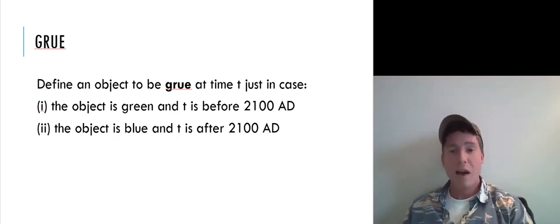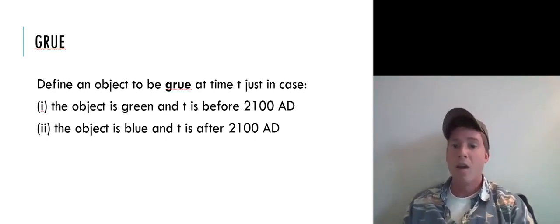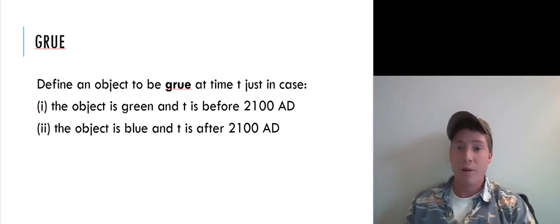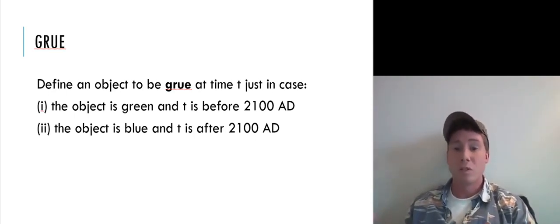All right, so how are we going to make the case that not every predicate, not every characterizing expression, can be projectable, can reasonably be employed in an argument of the form that rule S applies to? Well, our counterexample is going to be what's known as GRU.